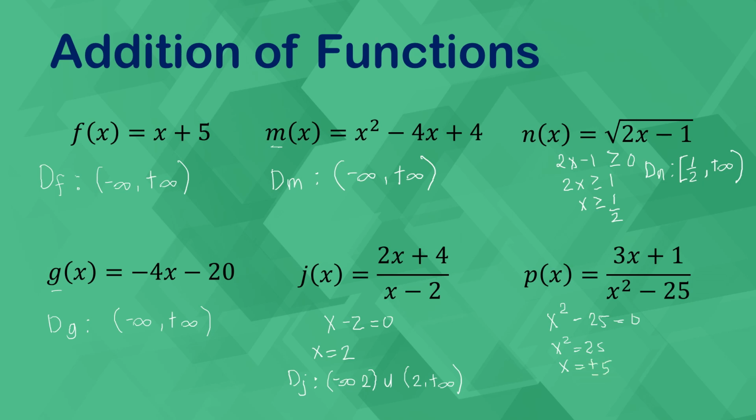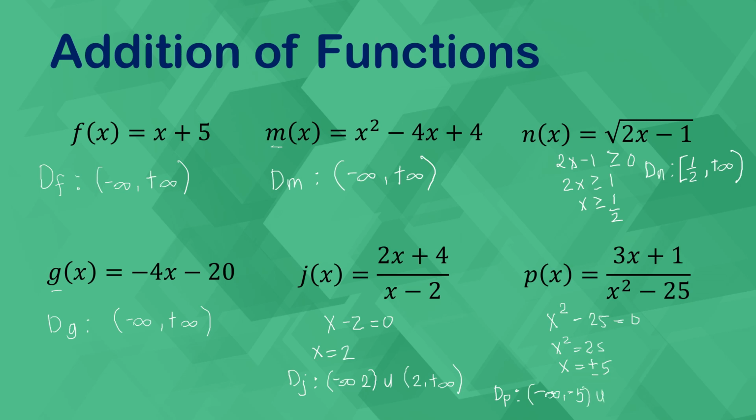So we have here two values for x, positive 5 and negative 5. So the domain of P is all set of real numbers, okay, all set of real numbers less than negative 5. Sorry, that should be negative 5.